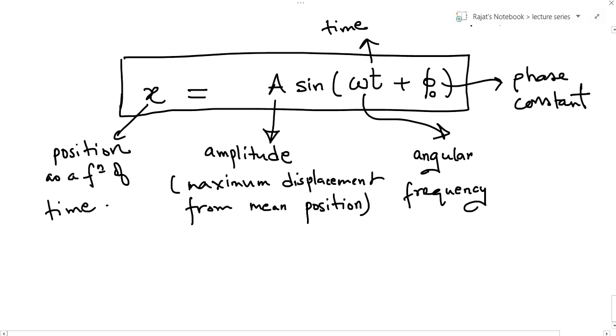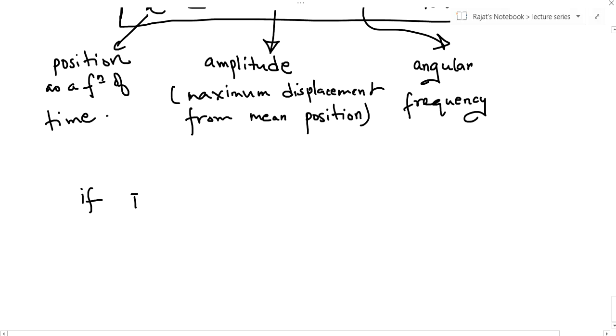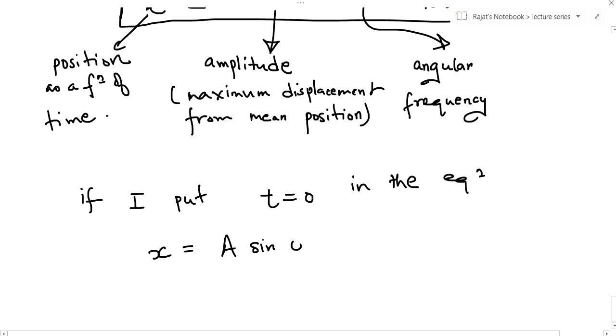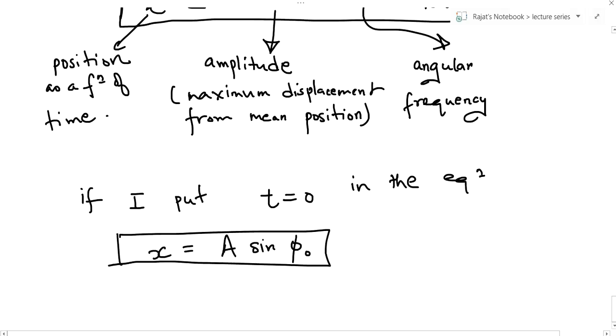All the quantities are self-explanatory except the phi naught, so let me shed some light on it. If I put t is equal to 0 in the equation, I will get x is equal to a sine phi naught. So I can say phi naught is nothing but sine inverse of x at 0 upon a.